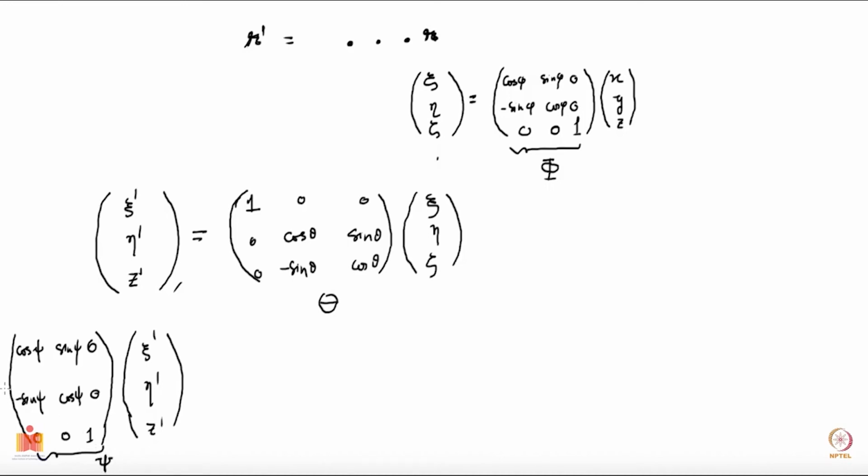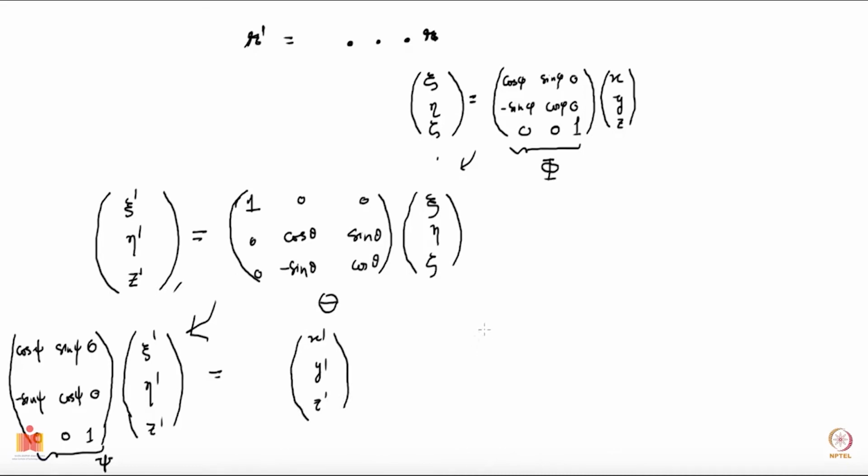Because there is no space left on the left, I will write it on the right hand side. I wanted to have a flow like this, but it didn't work out, but it does not matter. So I get x prime, y prime, and z prime. So I have finally achieved what I set out for.